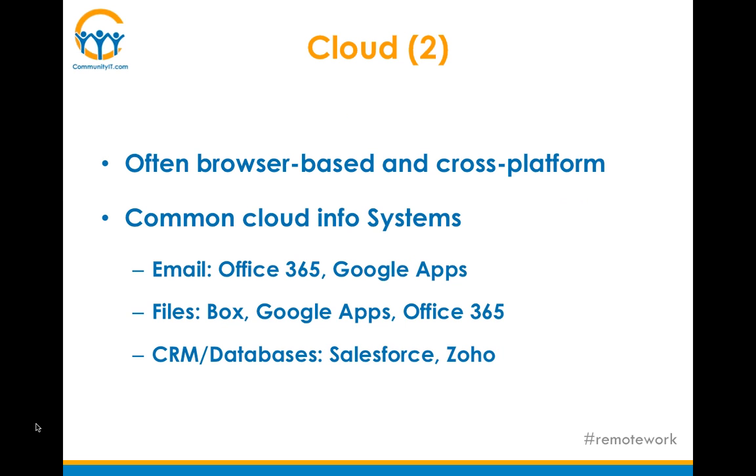These cloud applications can be launched from basically any browser, Internet Explorer, Chrome, Firefox. All you need is a device and an internet connection. Some of the most common cloud systems are Office 365 and Google Apps, which provide access to email, files, and collaboration, and Salesforce or Zoho for CRM and databases. Those are the most common ones.